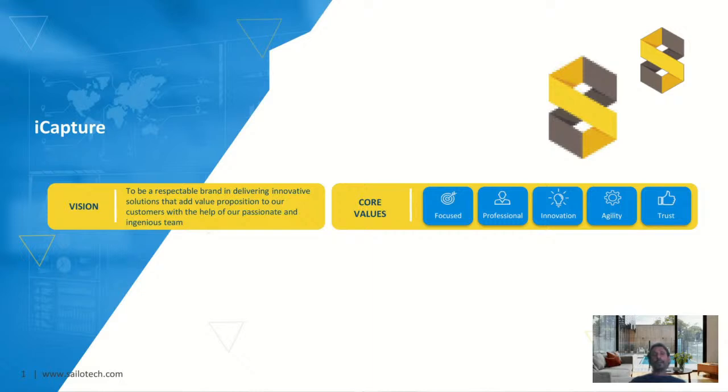Someone looks at the invoice, be it a physical copy or an email attachment, and punches in the numbers in some system, be it ERP or some other accounting system. Basically, the accounts payable process. That is just one use case.